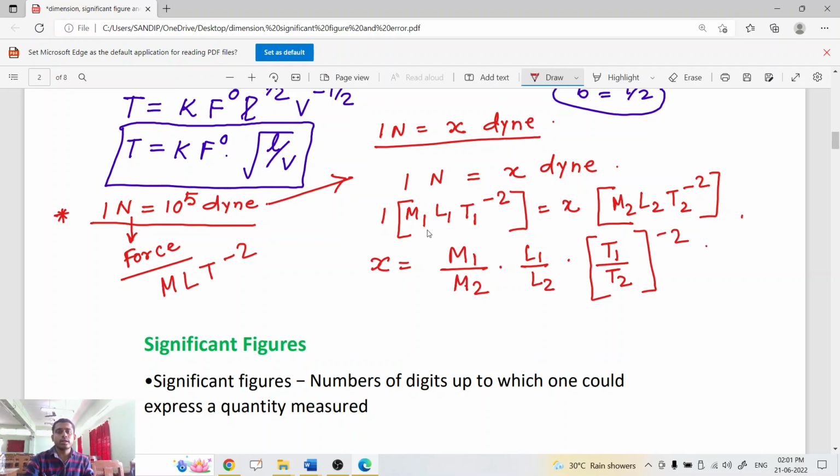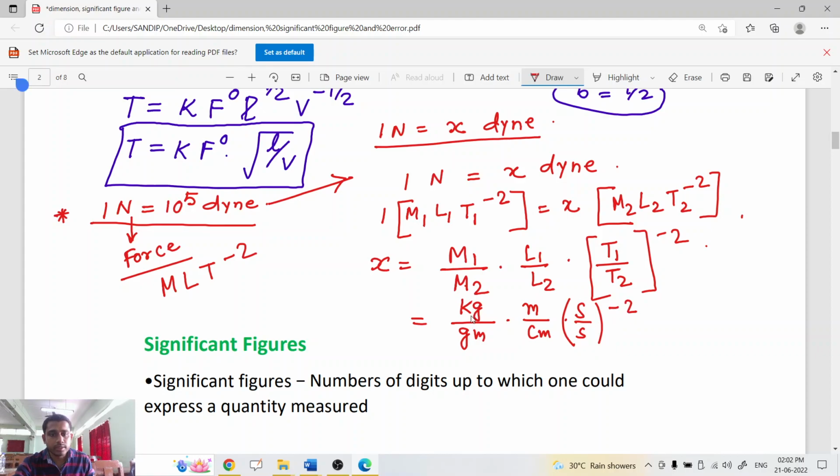Here M1 is actually mass, okay, in which system? SI system. That means M1 in kg and M2 in gram, and L1 in the SI system is meter, and L2 is length in the CGS system, and time for both cases is the same, so you can take second by second to the power minus 2.